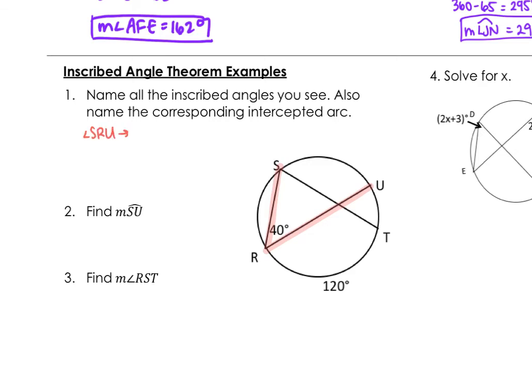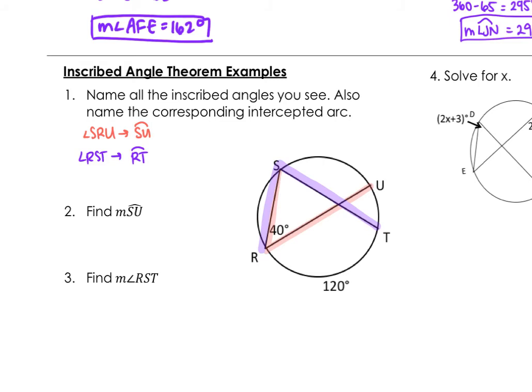And the intercepted arc, remember, is just the arc between the endpoints. So the arc would be SU. Another inscribed angle I see is RST, and the arc for that angle is just going to be RT.